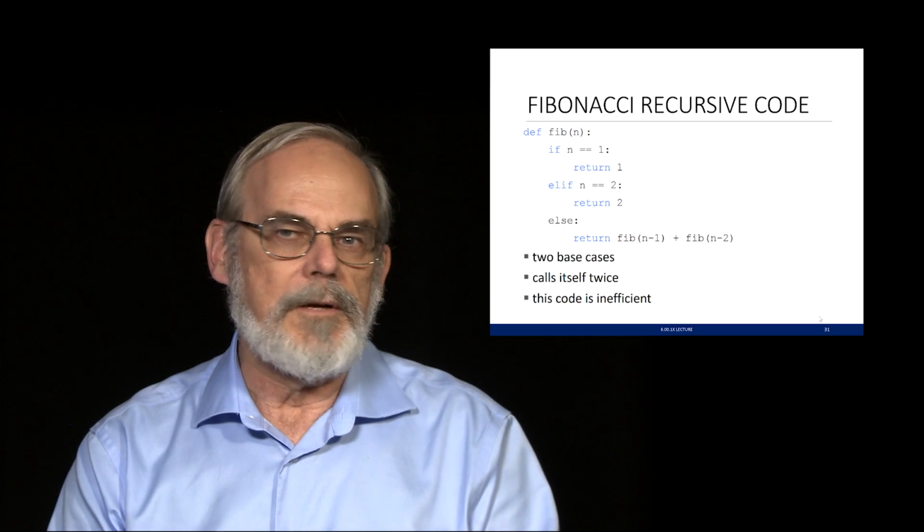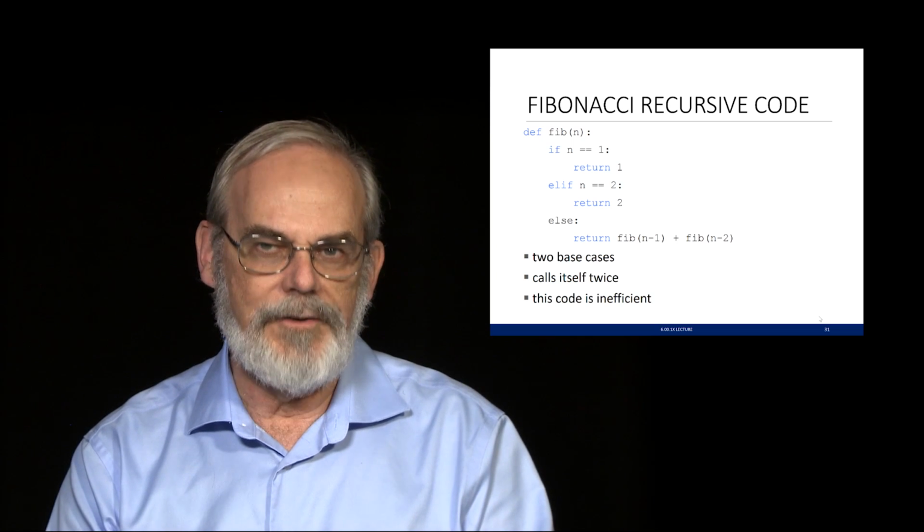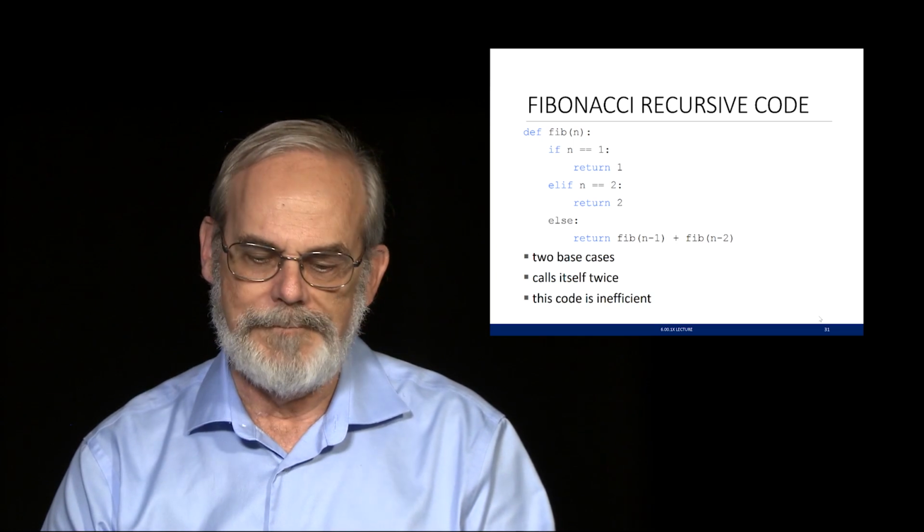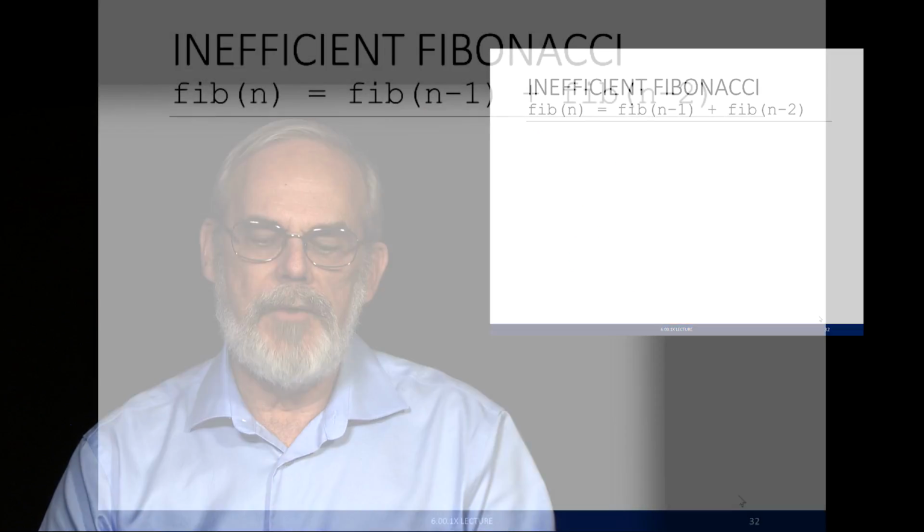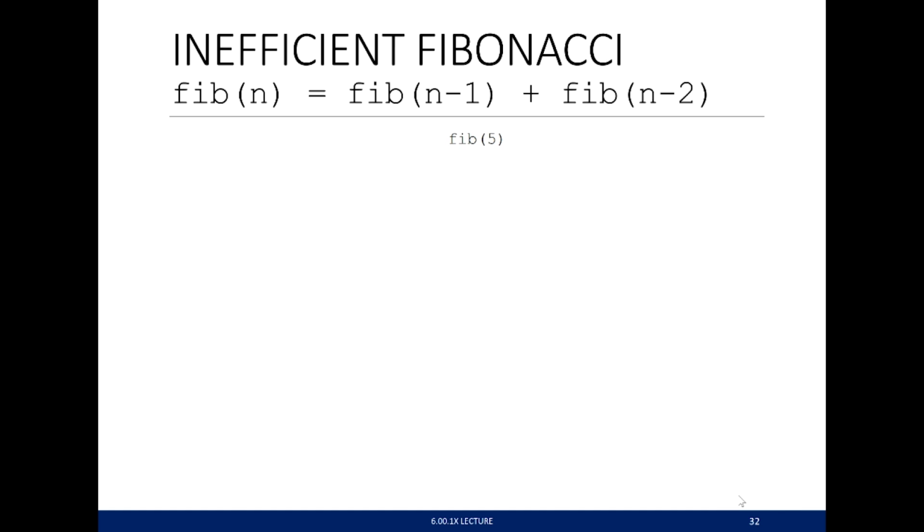And it will certainly work, but this code is actually very inefficient. And let me show you why. Think about what happens if I want to compute fib of, say, 5. To compute the fifth Fibonacci number, I need to compute the fourth Fibonacci number and the third one. But to compute the fourth Fibonacci number, I need to compute the third one, which needs to get the second one, which then also needs to get the first one.